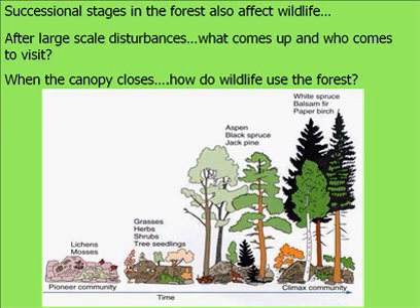Whereas when the canopy closes, forested areas are used for shelter, used for roosting habitats or nesting areas. While there may be some food production in there, there might be predators. The predator-prey relationship might be a little more defined in those areas, but the point of this was to let you know that forest succession affects not only the tree species but the animal species as well.